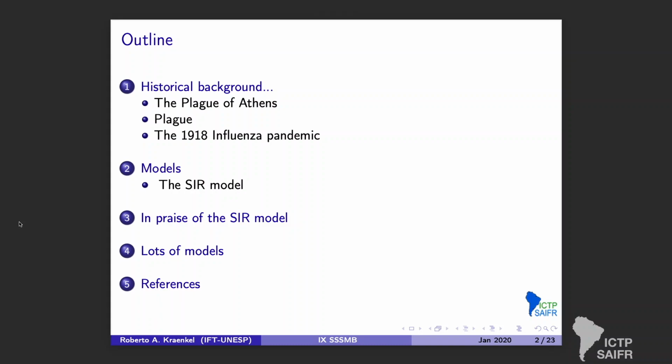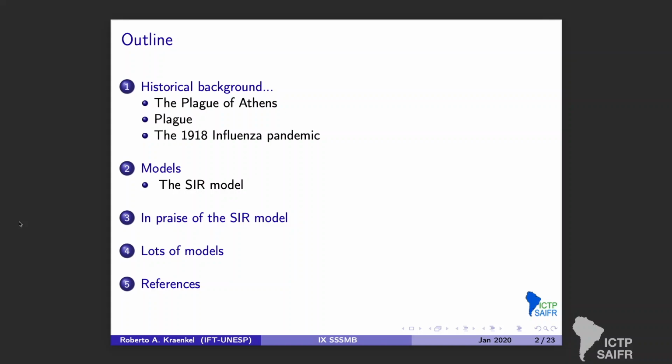About references, if you are interested in the subject with a mathematical touch, this is a basic textbook. It's called Modeling Infectious Disease in Humans and Animals. There are many others, classical books like Anderson and May, and more mathematical ones.